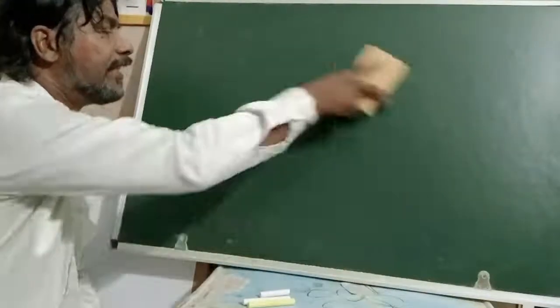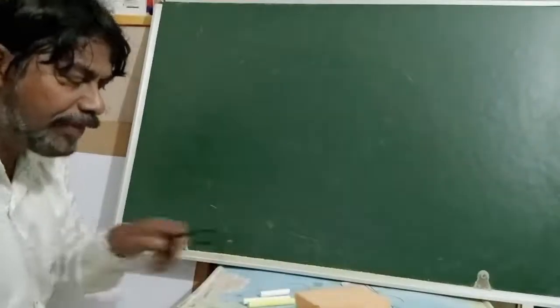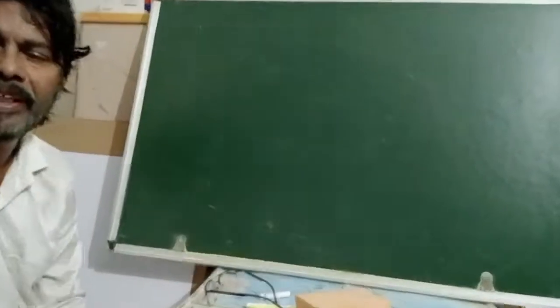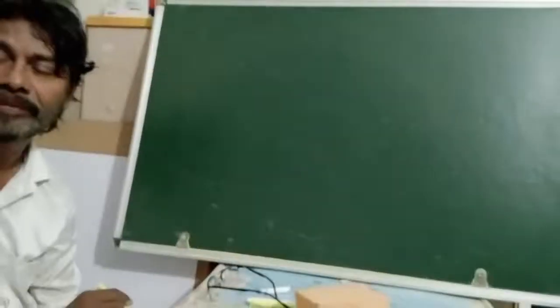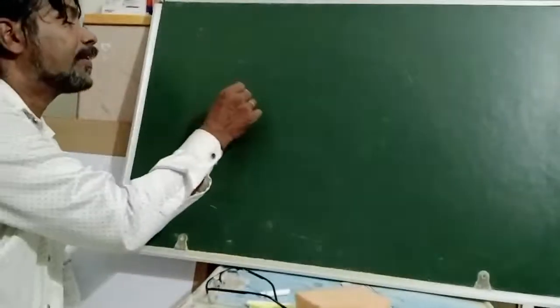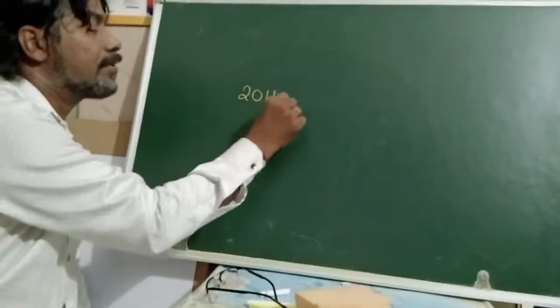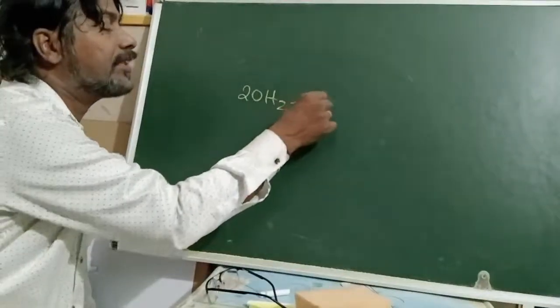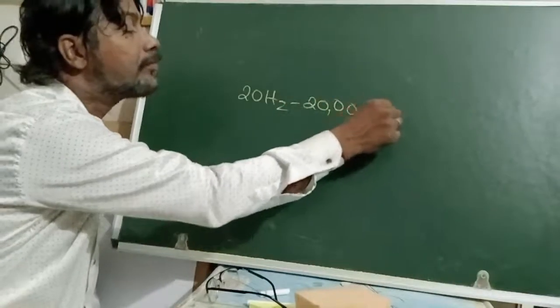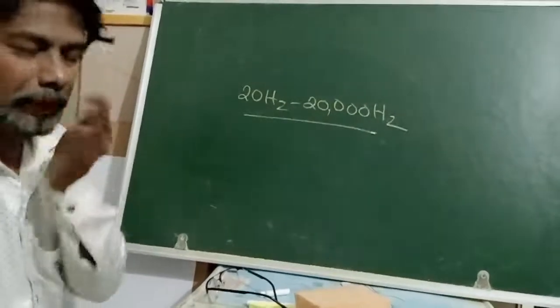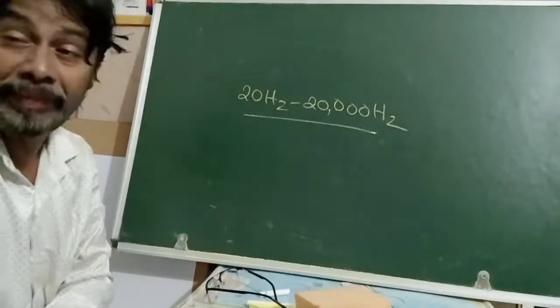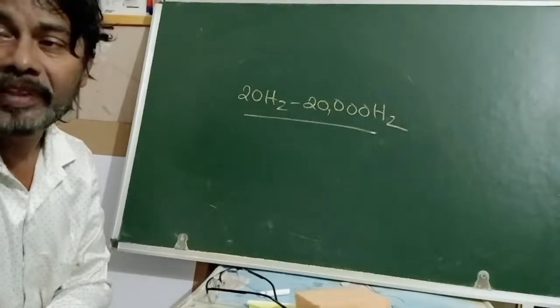Next, we can hear only some part of the sound produced. We cannot hear all the frequencies. We can hear only some frequencies, the audible frequency. So 20 hertz to 20,000 hertz is the frequency range which can be heard by our eardrum, and only those vibrations are received by our ear.